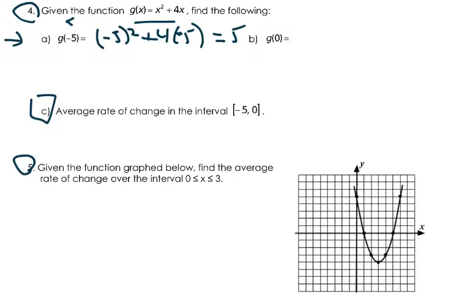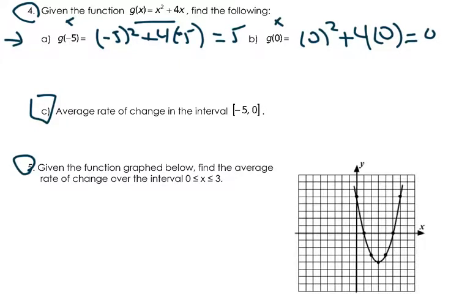And you do the same thing for B. So g of 0, the 0 is actually the x value. So 0 squared plus 4 times 0 would be 0.